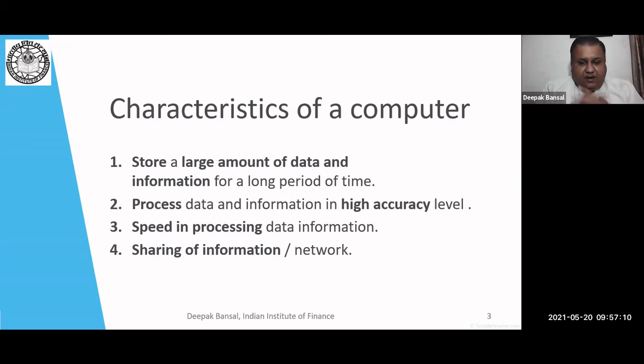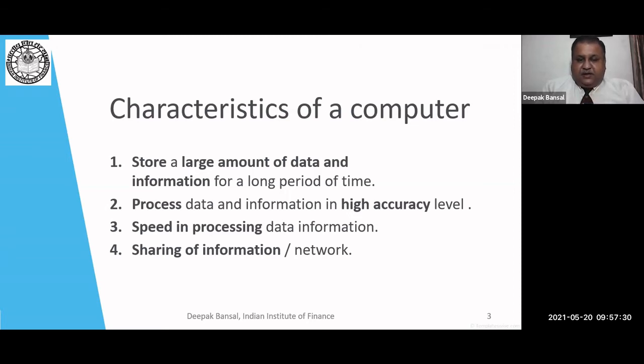If we provide a wrong input, we cannot expect a right output. But whatever correct input we supply, the computer will process that data with a very high degree of accuracy and generate information out of it.